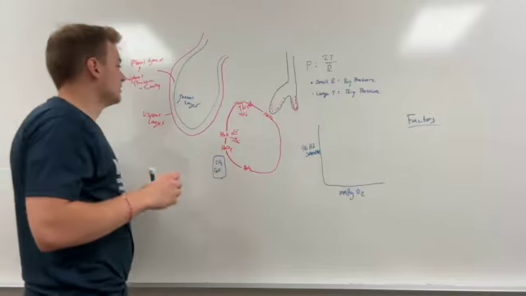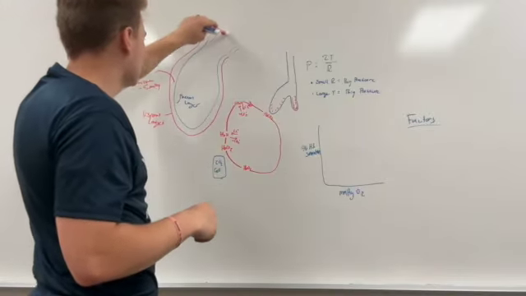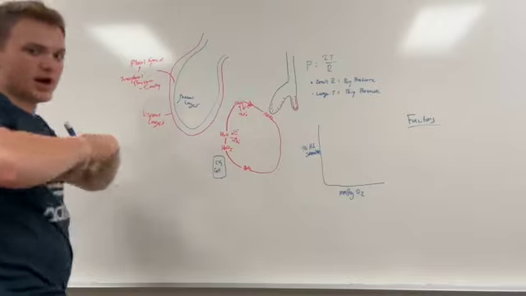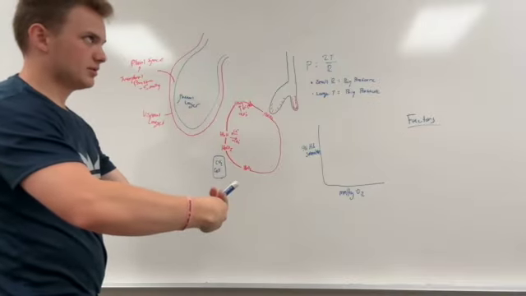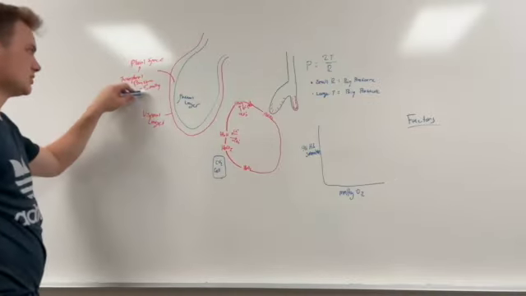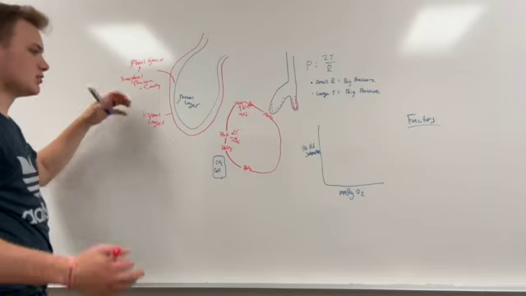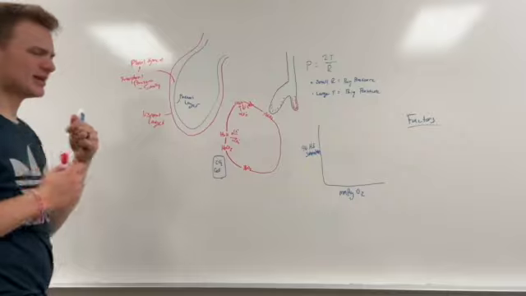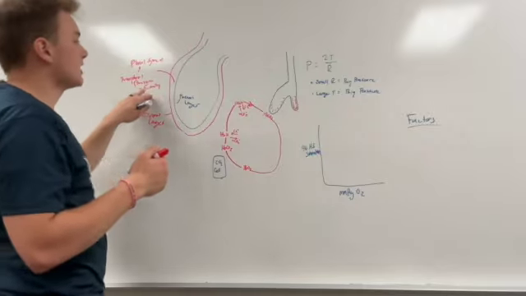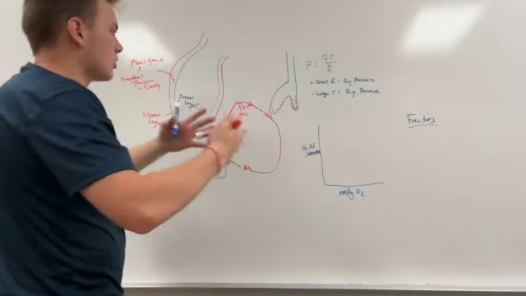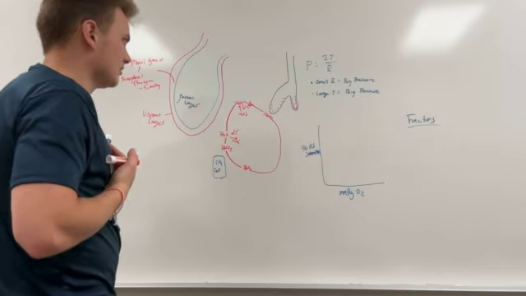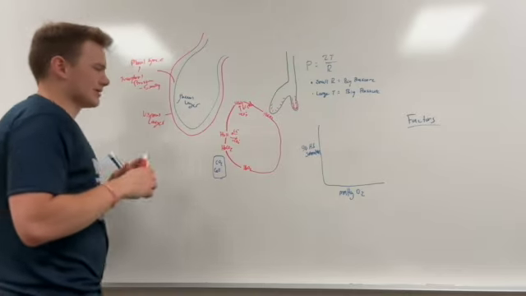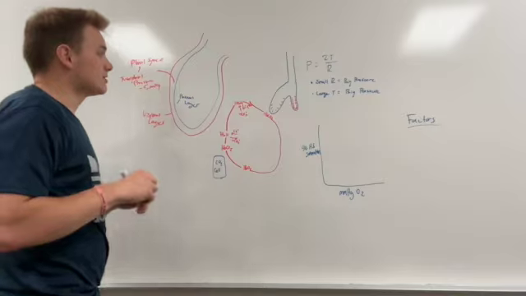But point being is as we breathe out, this pressure is going to decrease, and as we breathe in, it's going to increase. I guess I got that backwards. Become more negative as we breathe out and more positive as we breathe in. Because that allows the lungs to contract. Anyways, cool. So that's fun.